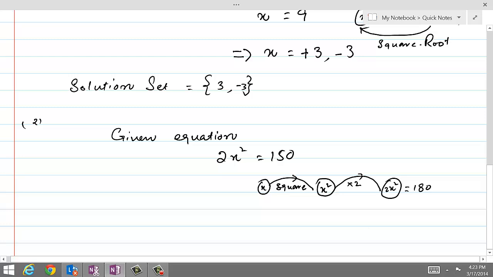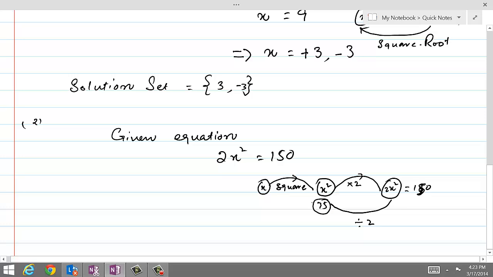Now if this is 150, and we apply the inverse operation, what is the inverse operation of multiplication by 2? This will give us division by 2, and this should give us 75.